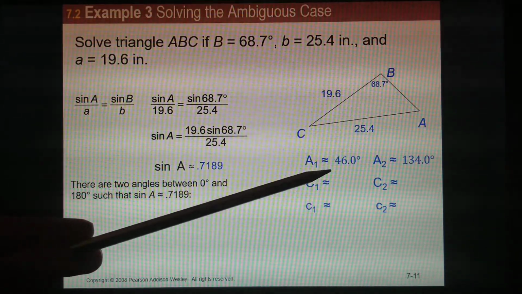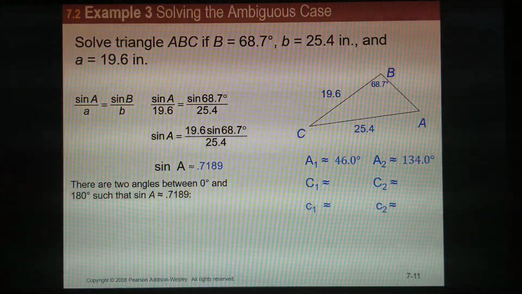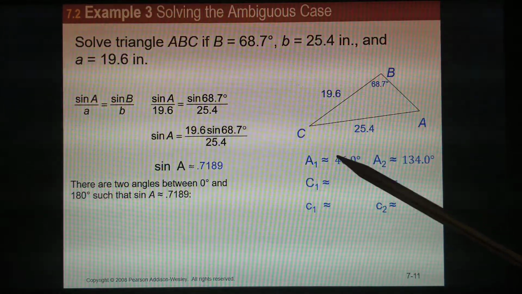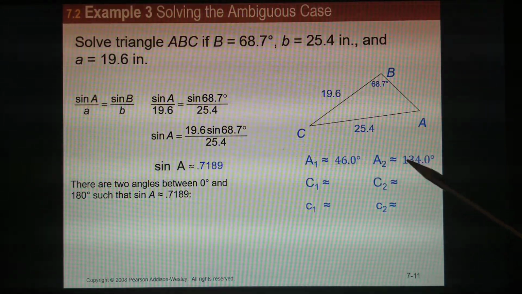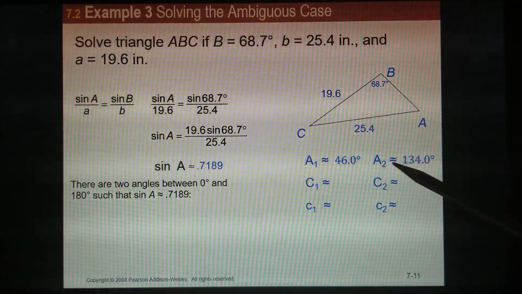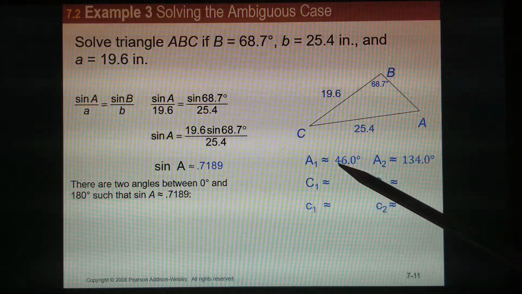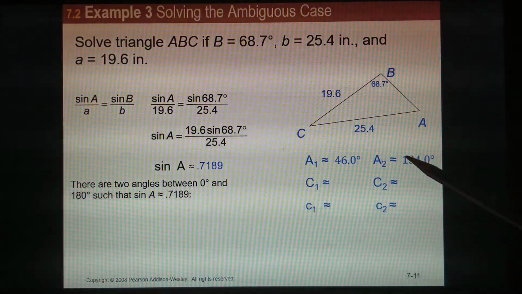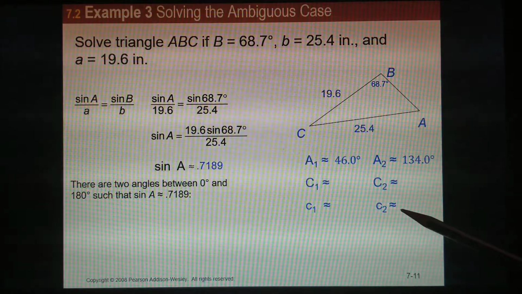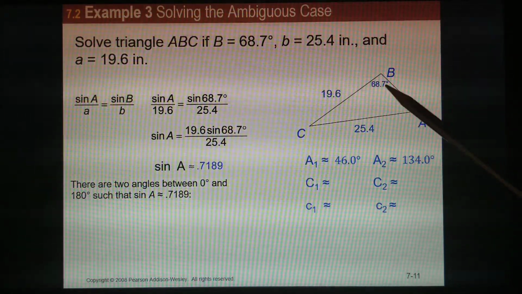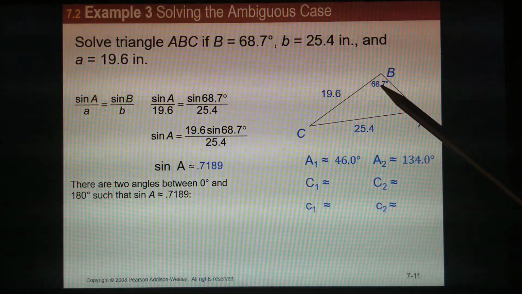So angle A is 46 degrees. Now remember I said that we're then going to take that from 180. So 180 minus 46 gives me 134. You always want to start with the first angle you find, take it from 180 to see if a second triangle is going to be possible. Now remember, angle B was 68.7 degrees.